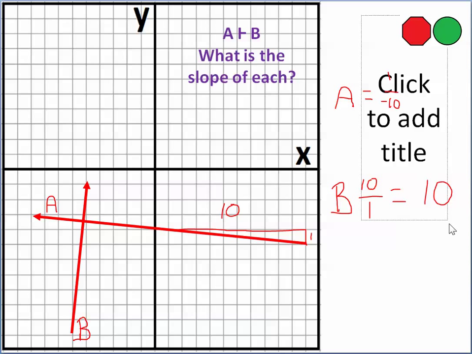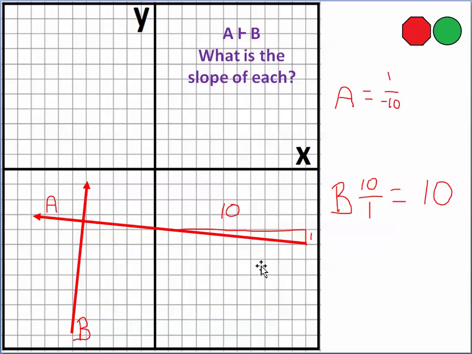All right, we'll take a look here and see how that shakes out. A. We have a rise of 1, and then I have to move negative 10 before I cross the line again. So my rise is 1 and my run is negative 10.